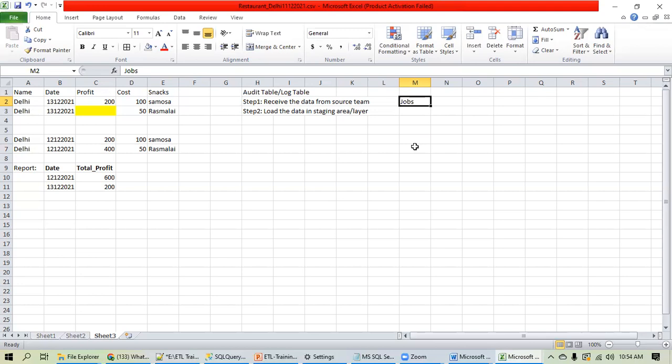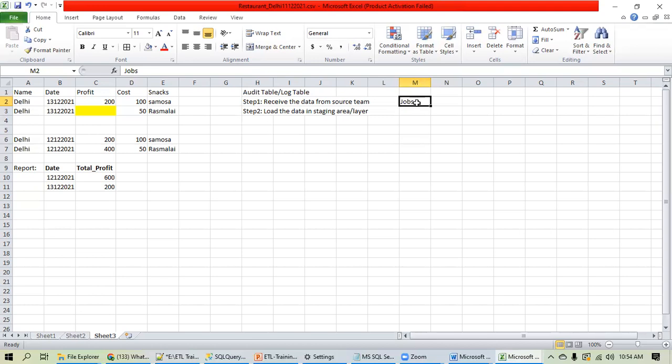Jobs are nothing but a file which has your Python script or Unix script. That will be like a statement to the loader on how to load data and what transformation logic to apply. And this is the main task of any data engineer. They have to create jobs.